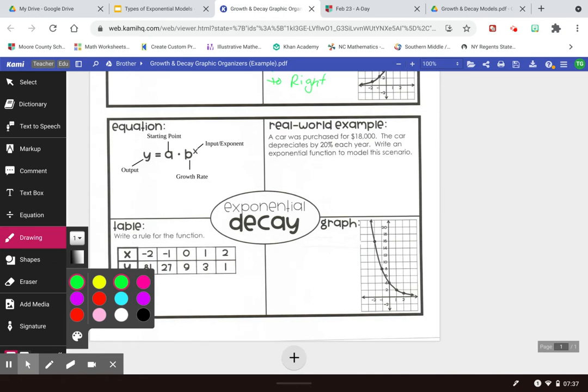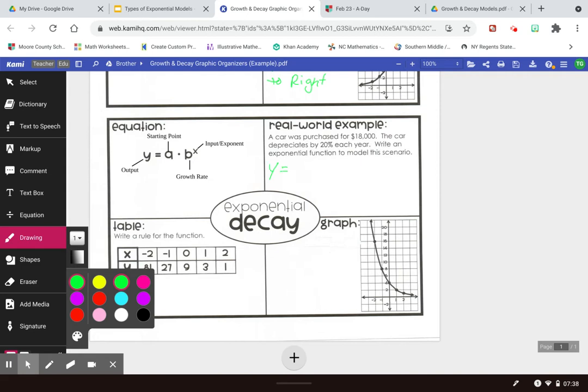Now, the exponential decay model, the opposite of growth, is going to be decay. So again, represented as an equation, y is still your output, a is still your starting point, b is your growth rate, and then x is your input or your exponent. All right, so what we see here is that a car was purchased for $18,000. The car depreciates by 20% each year. Write an exponential function to model this scenario. So since the car is depreciating, this is going to be a decay model.